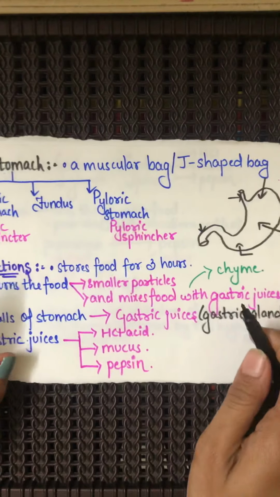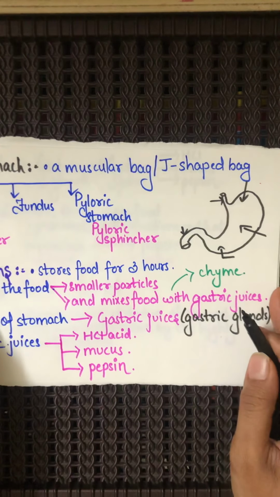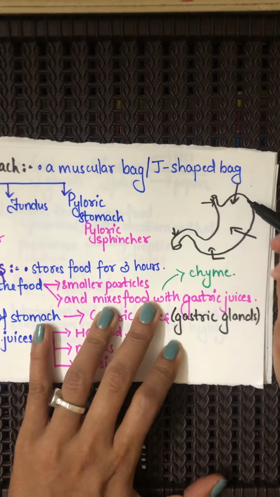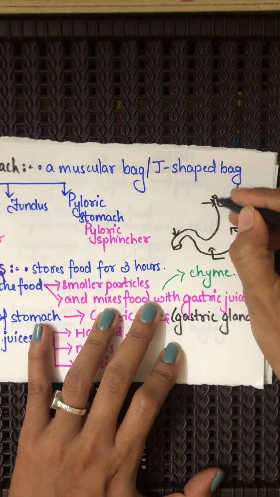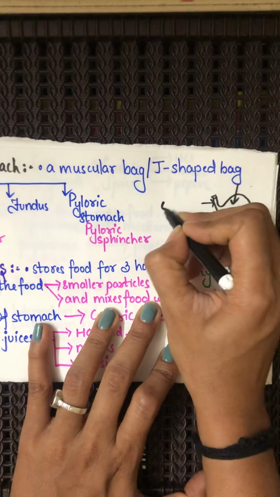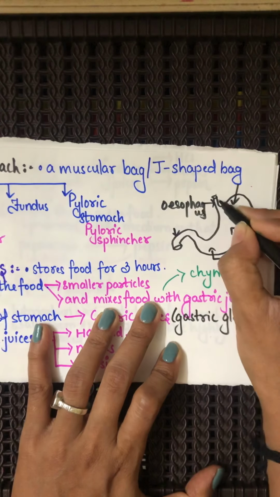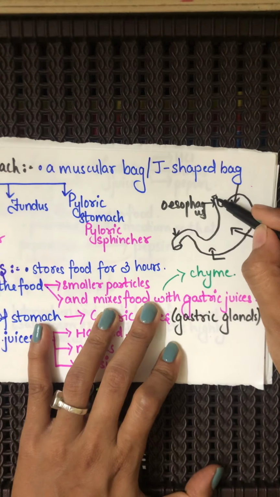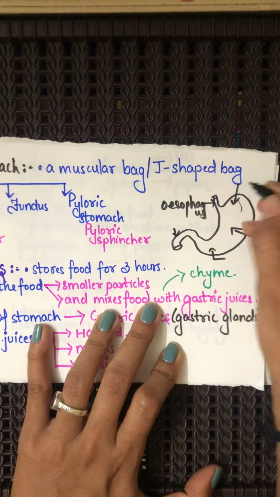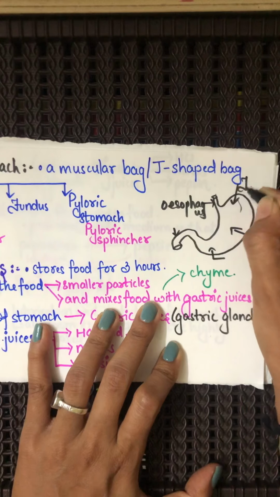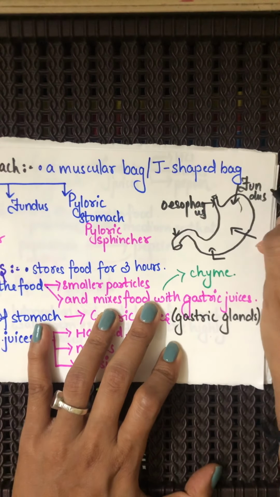Yes, so over here in the diagram, can we see the different parts of the stomach? So over here, this is the ending of the esophagus. The esophagus is leading us to the stomach. Now, the very first part is termed the fundus region of the stomach.